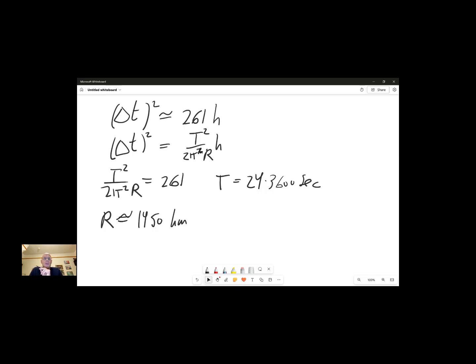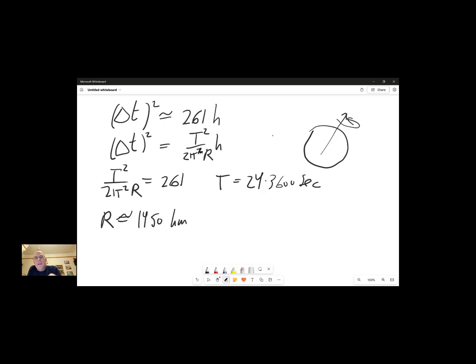The reason is as follows. Earth is rotating around its axis, but it has a declination.